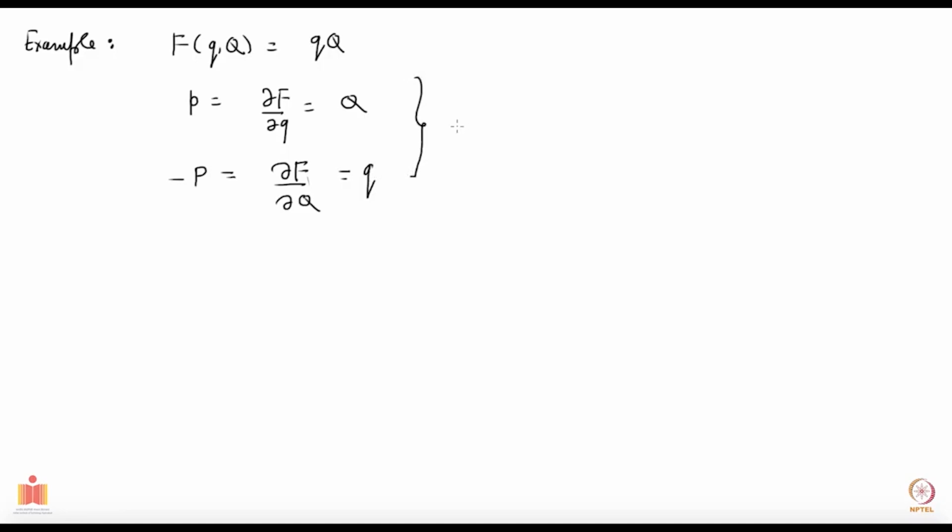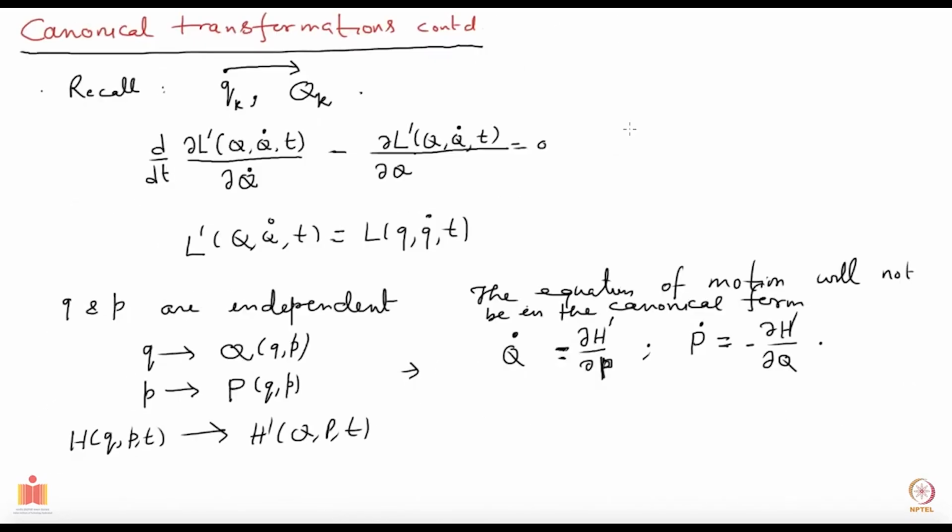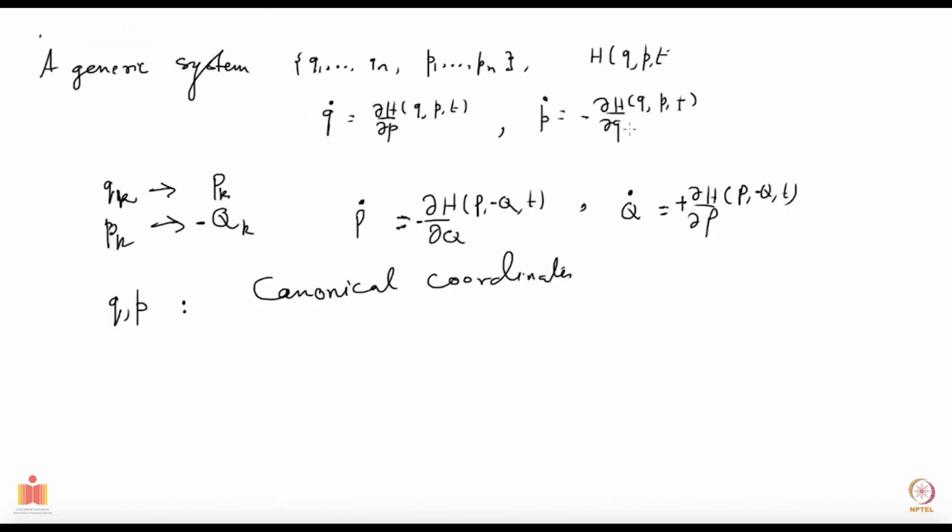Let us rewrite the same thing a little bit neatly. So your Q is p and your P is minus q. This is what you have already encountered in, I think, the previous lecture. Yes, here. We did a transformation and we changed the coordinates.